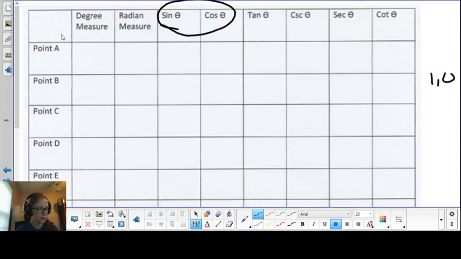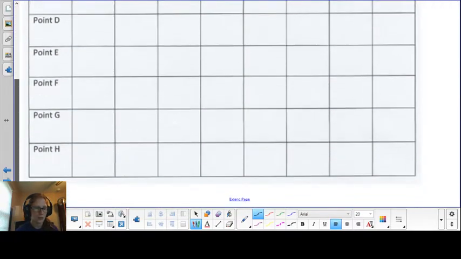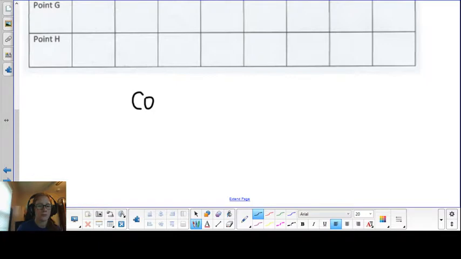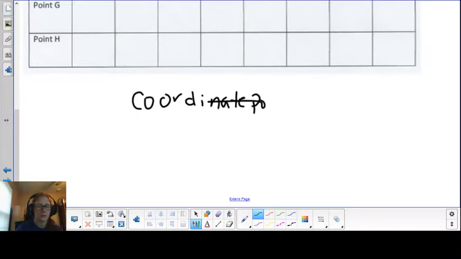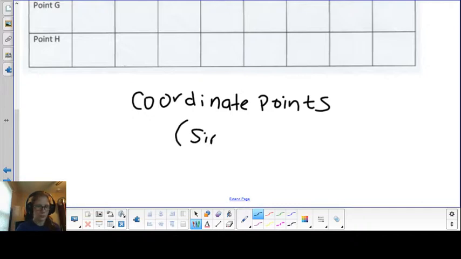My coordinate points here, and I'm going to scroll down because I'm running out of room. You have those headings that I give up there. Your coordinate points go sine. Oh, backwards.